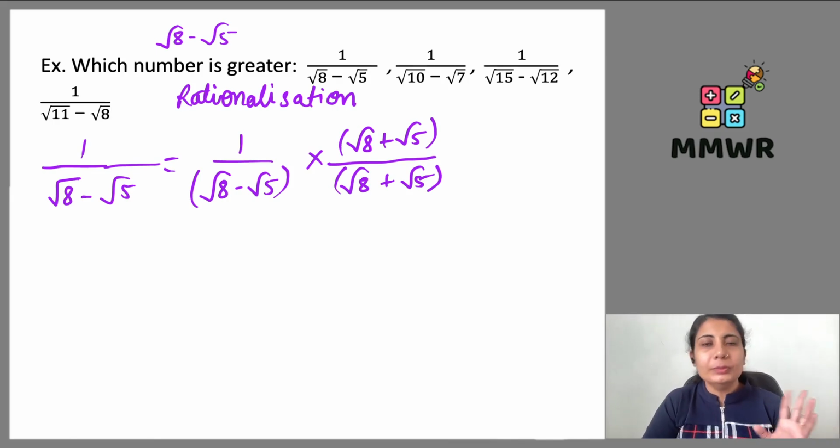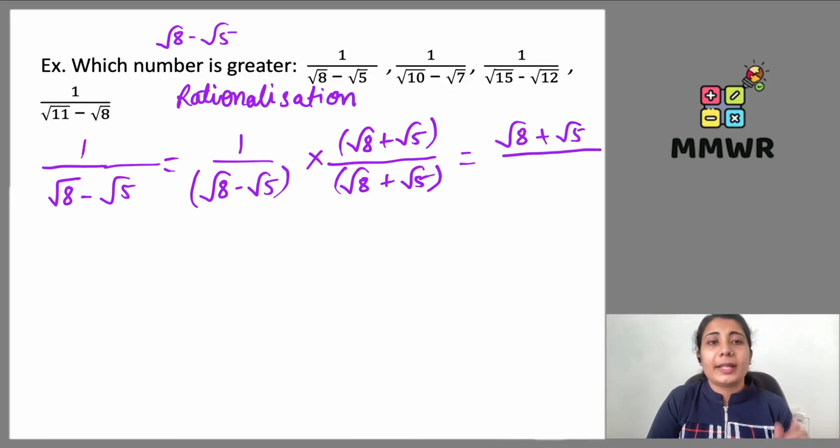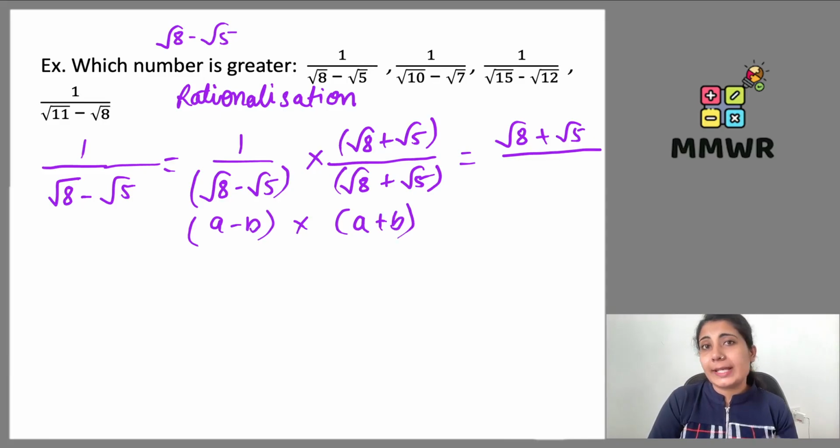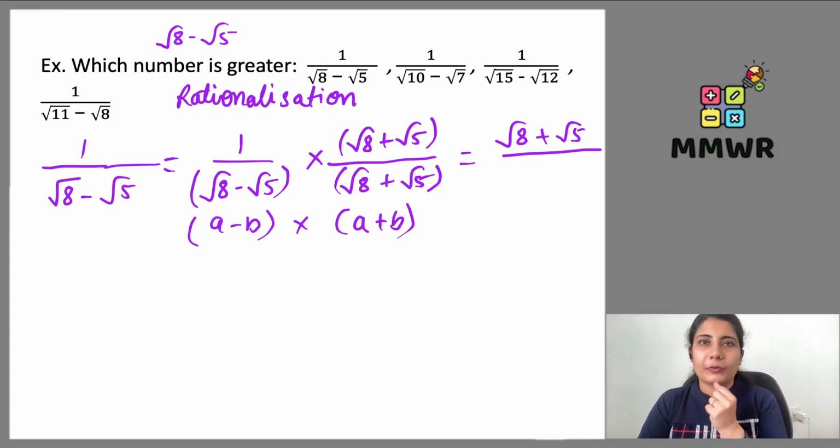Okay, so after multiplying, this gives me root 8 plus root 5, and the denominator is a minus b multiplied with a plus b. Value for a is root 8. In the first bracket we have a minus sign, in the second bracket we have a plus sign. Value for b is root 5.